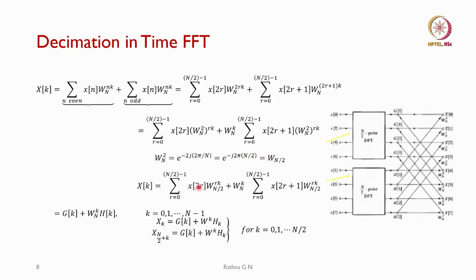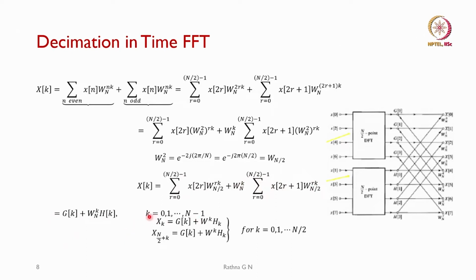So, when we substitute that, we will end up with x of 2r W_(N/2)^(rk), and the other one is x of 2r plus 1 W_(N/2)^(rk) with W_N^k. We name this as G of k and this is H of k multiplied with W_N^k, which is shown here.